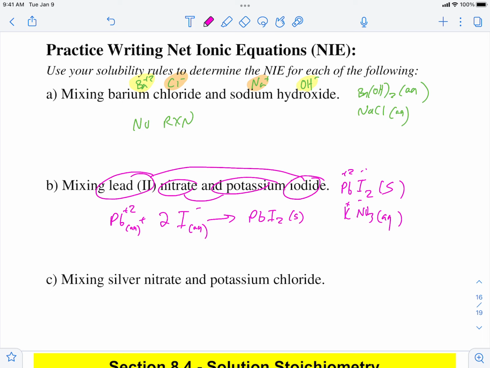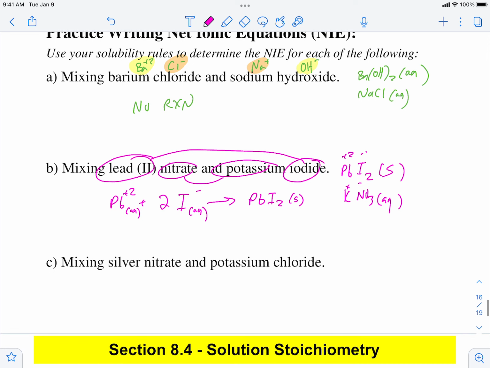So, what's our solid, if any? AgCl. Yeah, AgCl, right. So, your products would have been KNO3 and AgCl, but again, according to Rule 1, all nitrates are soluble, and Rule 2, all alkali metals are soluble, so that compound is aqueous.